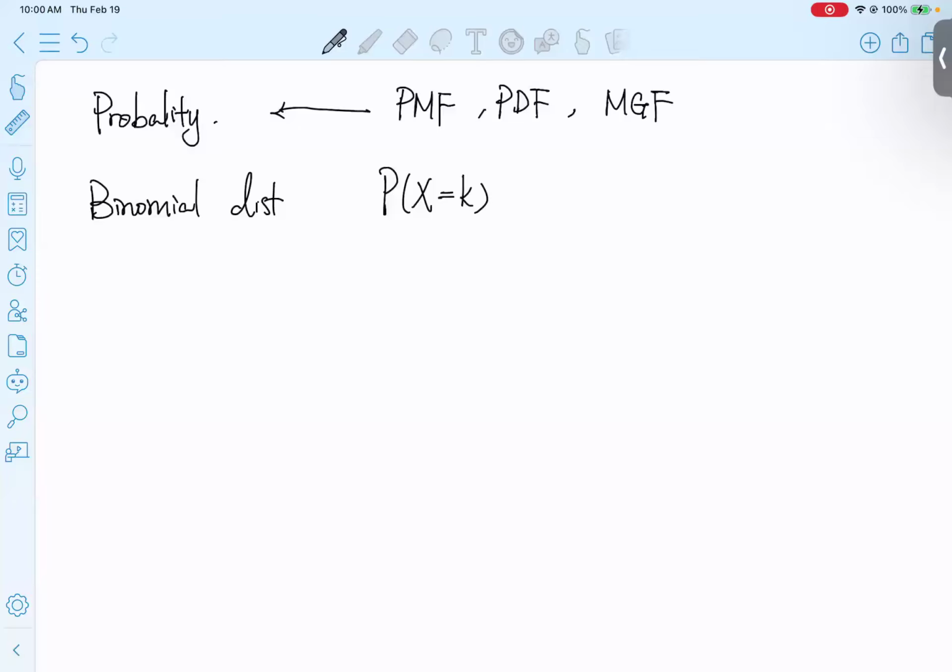Previously we kind of invented the distribution from scratch by flipping coins. One example is that we flip 3 coins and build a table, and then we come up with the formulation for the probability mass function of the binomial distribution.